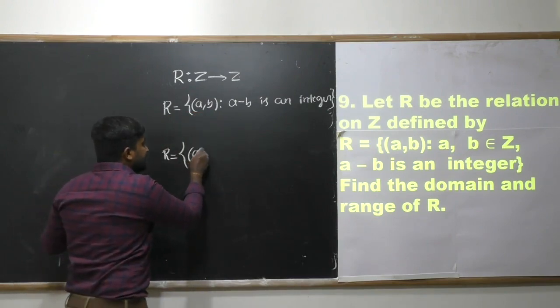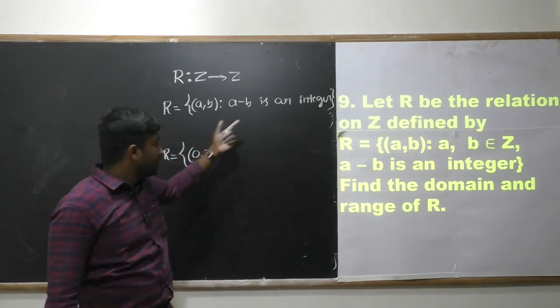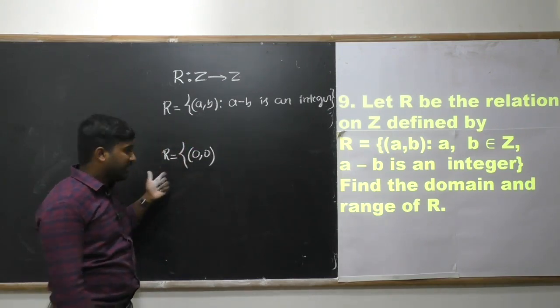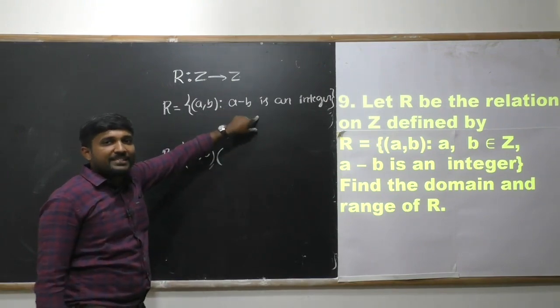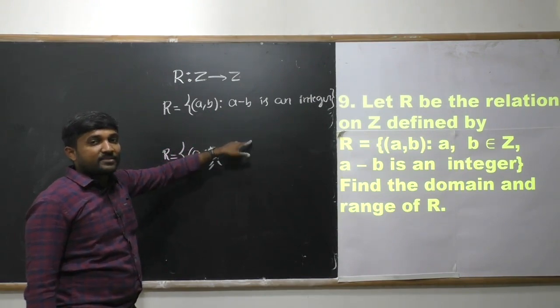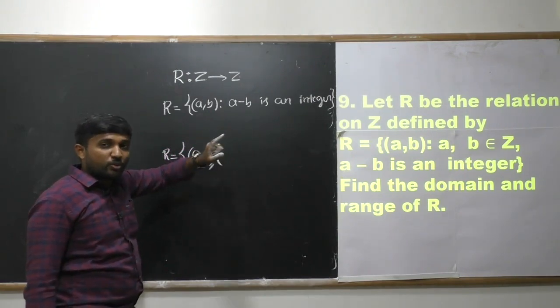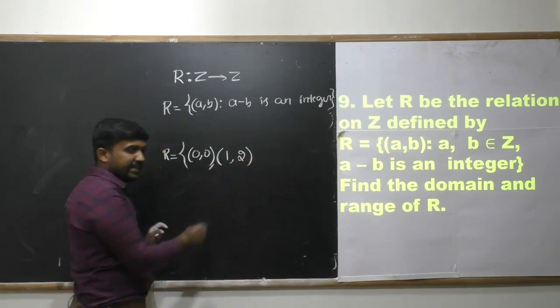What is 0, 0? Sorry, 0 minus 0 is an integer, right? So 0, 0 belongs to R. Next, I put A is equal to 1, B is equal to 2. What is 1 minus 2? 1 minus 2 is an integer.